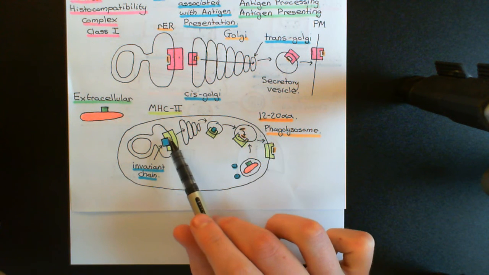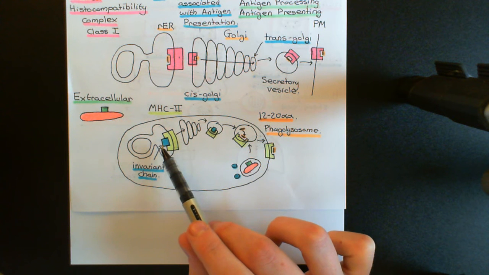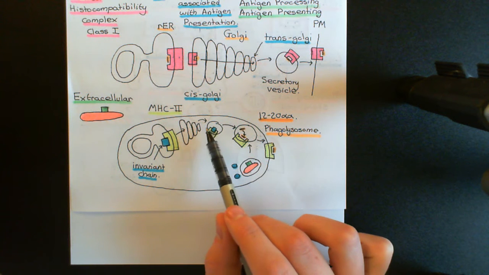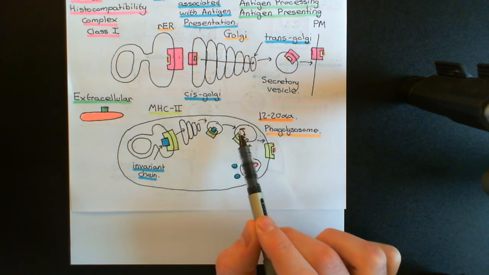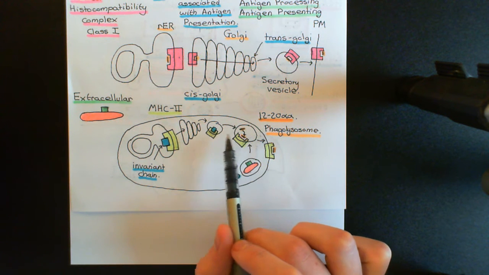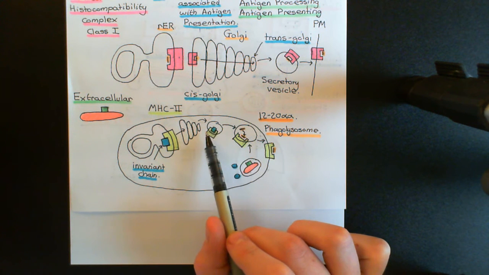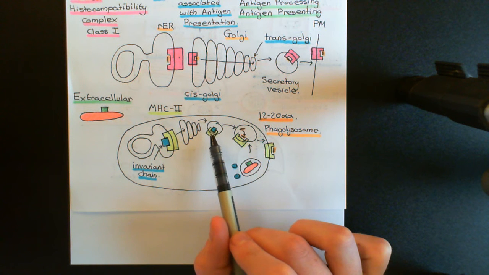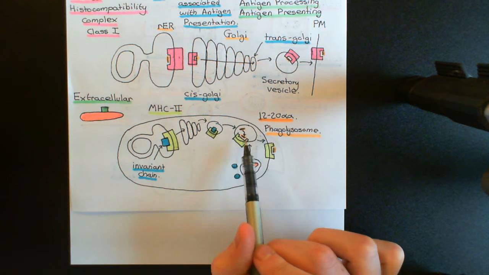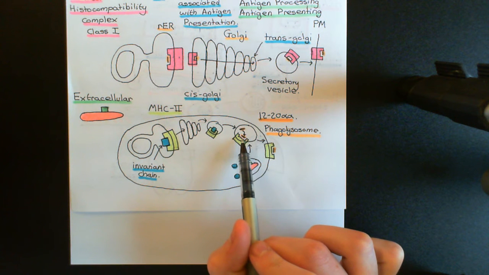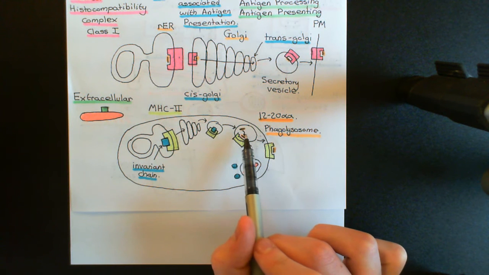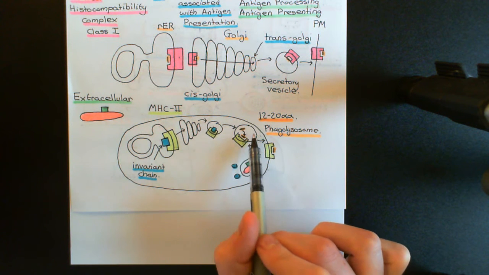The MHC class II protein complex with the invariant chain in its peptide binding groove will then move through the classical secretory pathway through the Golgi apparatus into a secretory vesicle, and then these secretory vesicles will fuse with the phagolysosome, and in the phagolysosome the invariant chain will be broken down and removed from the peptide binding groove of the MHC class II, and fragments of antigens from the pathogen will then replace the invariant chain in the peptide binding groove. So you'll now get MHC class II complexes with peptide fragments being produced in the phagolysosome here.